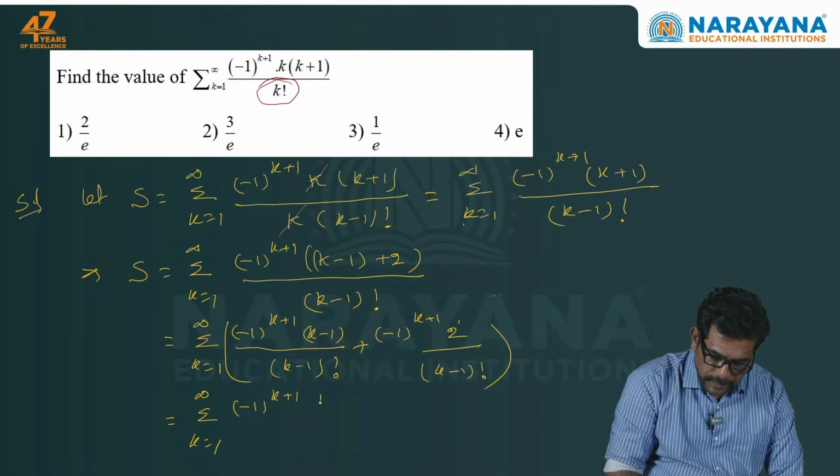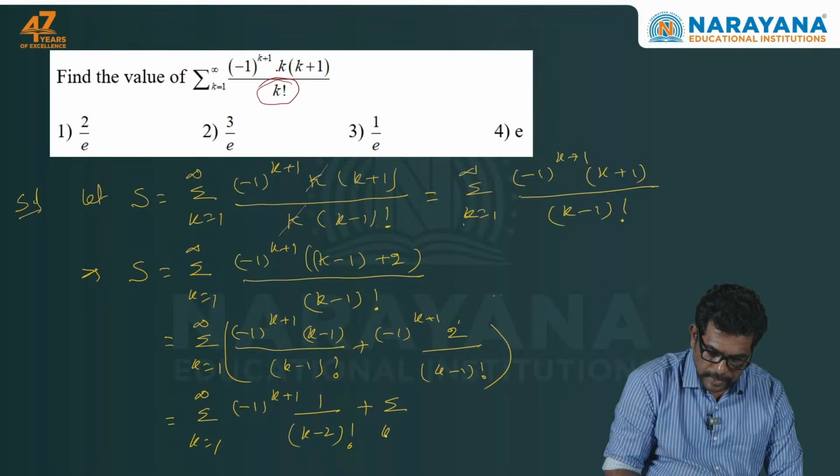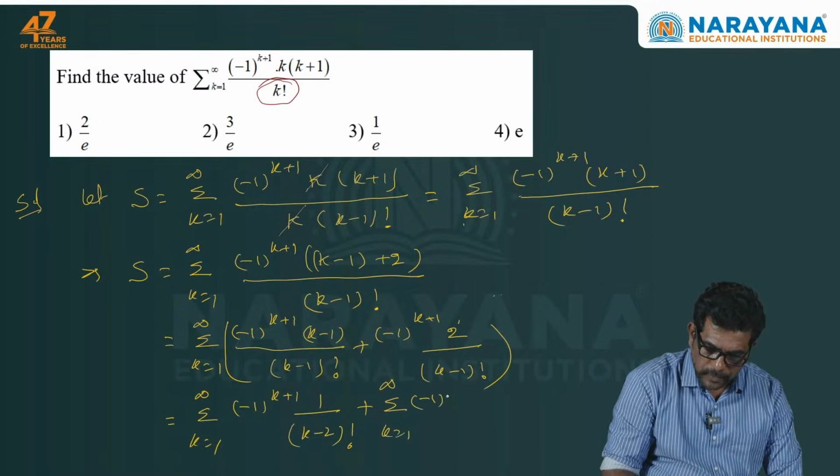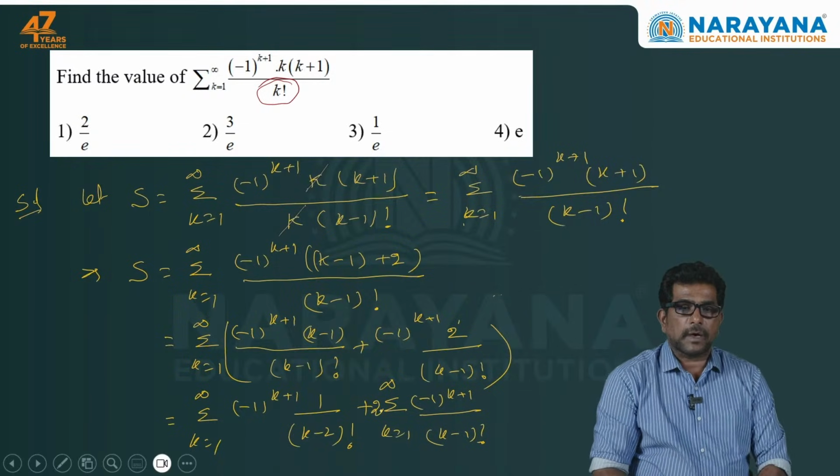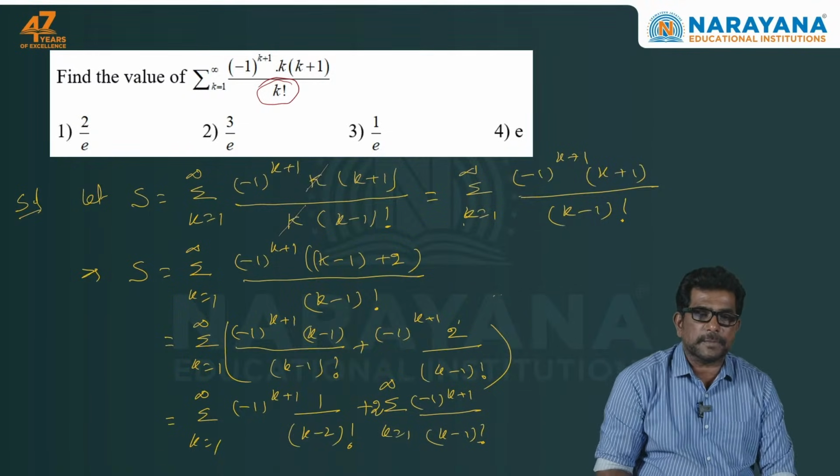That is, this becomes 1/(k-2)! plus summation k equals 1 to infinity (-1)^(k+1)/(k-1)! into 2, I am writing separately. Now it is the sum of two exponential series.